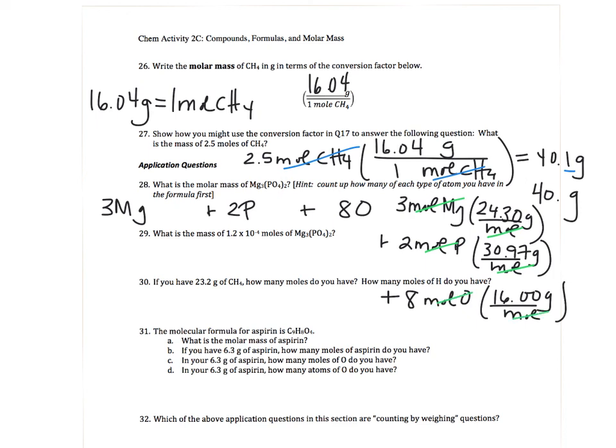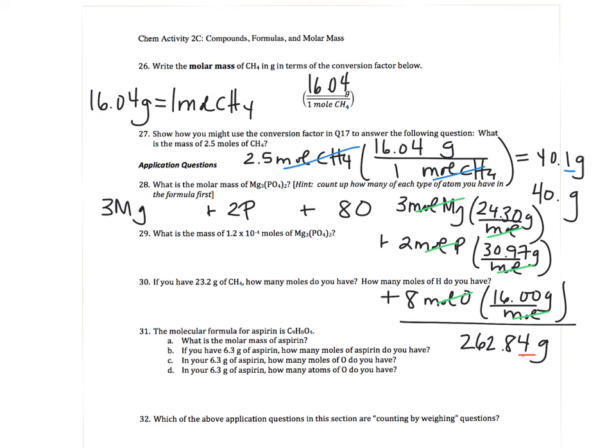And so what we do, I'm not going to write it all out, but 3 times 24.30 plus 2 times 30.97 plus 8 times 16. And my calculations get me, when I add all that up, 262.84 grams. And it turns out, and in the solution manual or the solutions that are posted online, you'll be able to see this, the tenths place is known, but the hundredths place is not known.